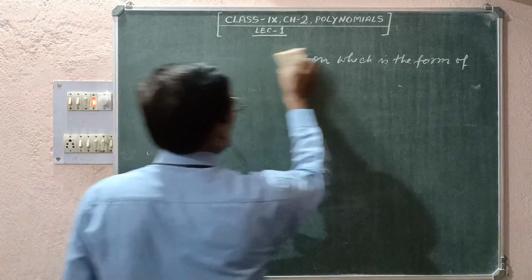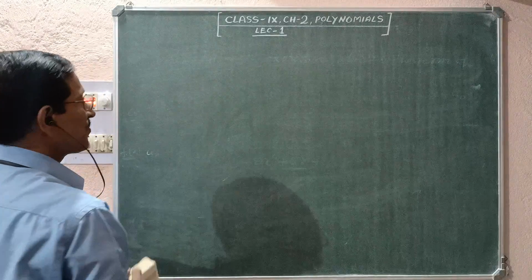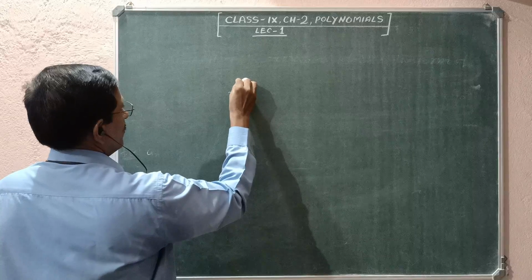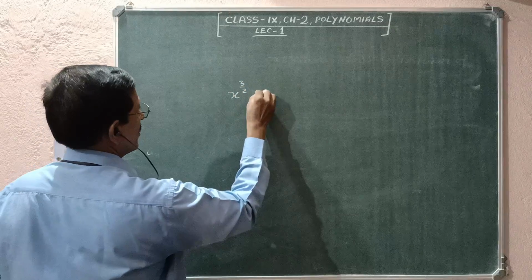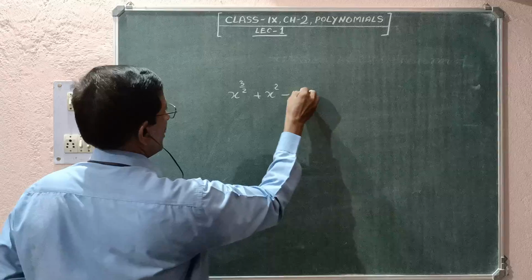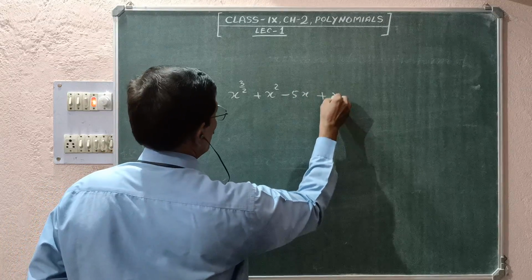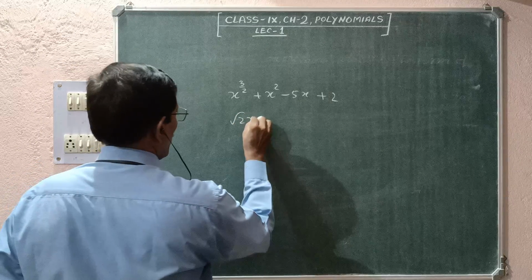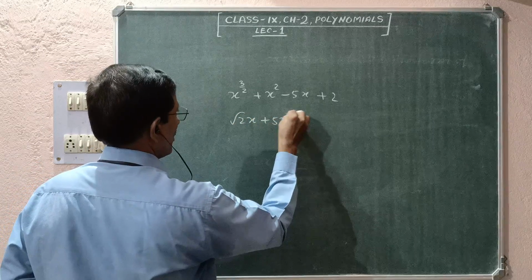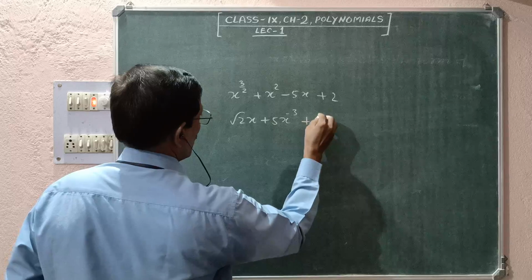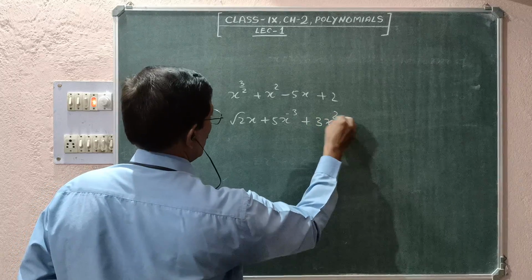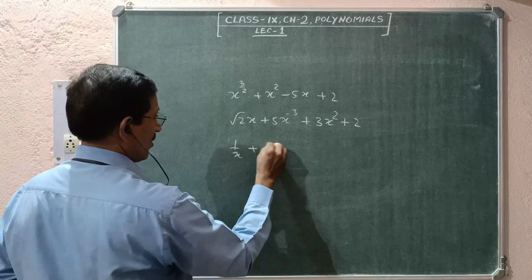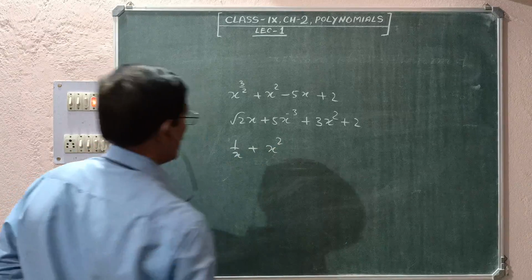Now we take some more examples. We take x to the power 3 by 2 plus x square minus 5x plus 2 root 2 x plus 5x to the power minus 3 plus 3x square plus 2 times 1 by x plus x square, like this.